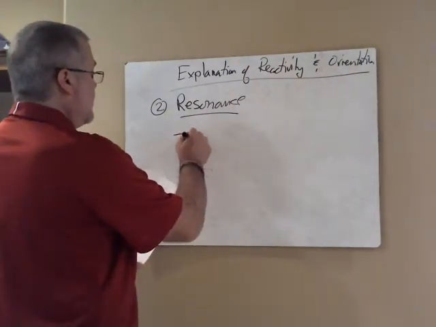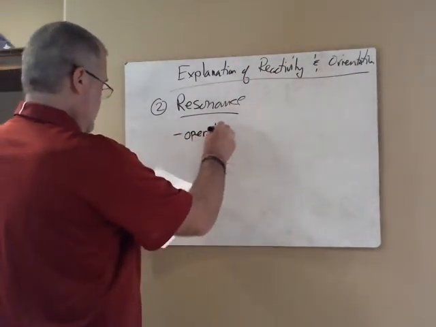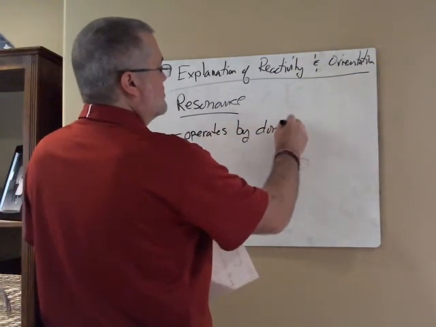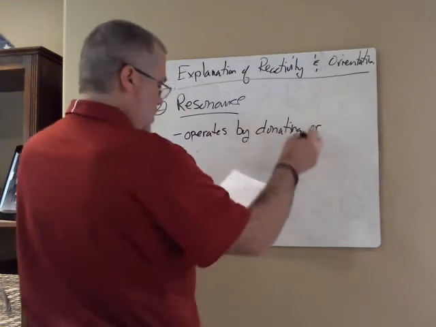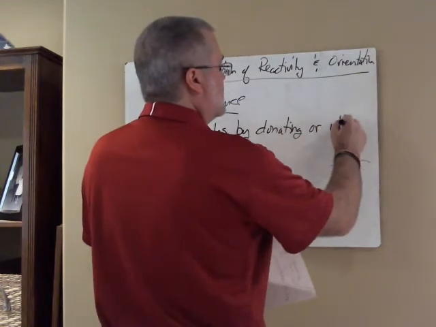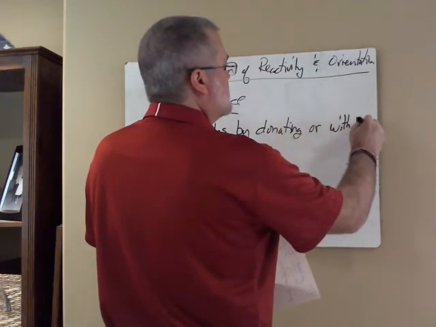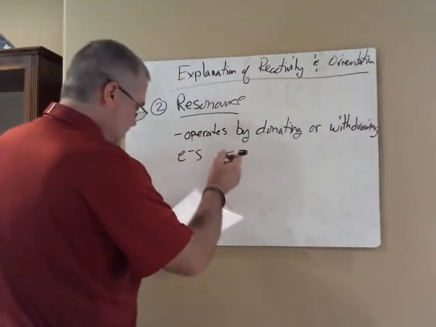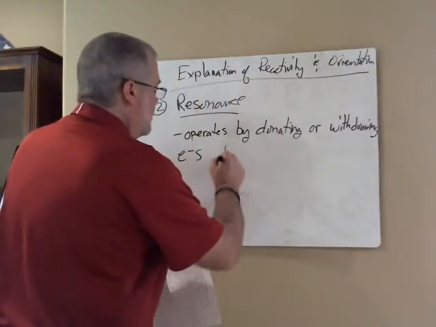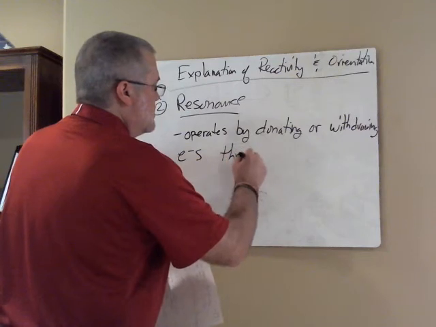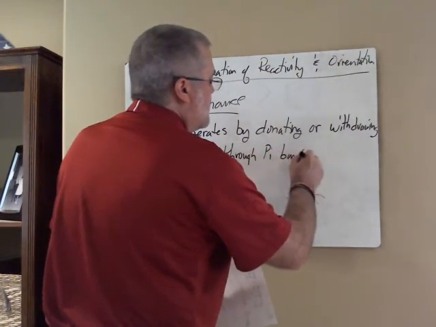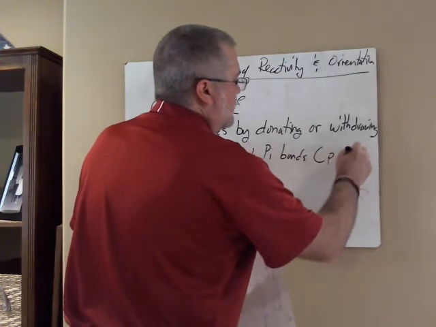And so we can say resonance operates by donating or withdrawing electrons through pi bonds, which are p orbitals, of course.